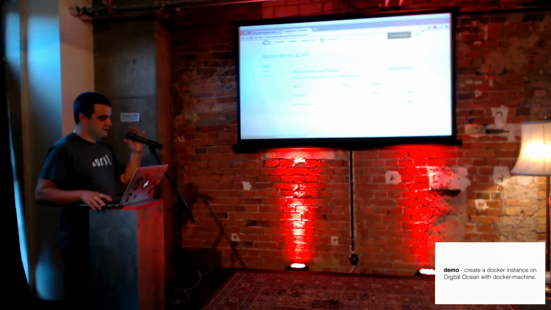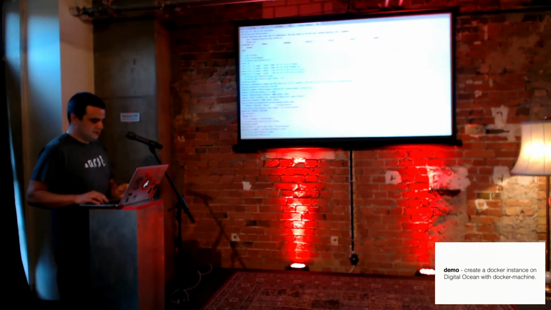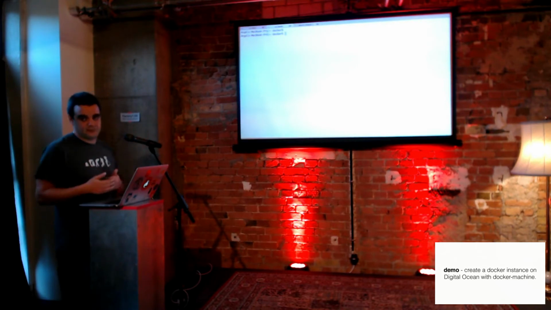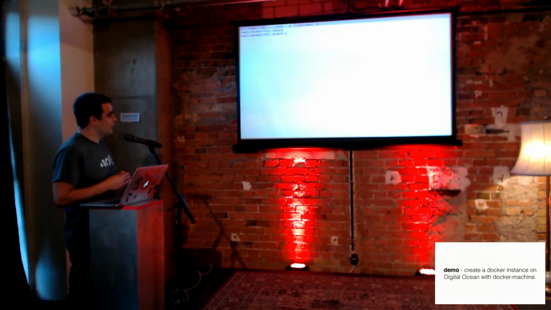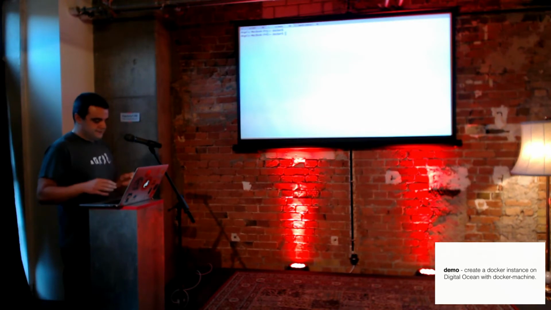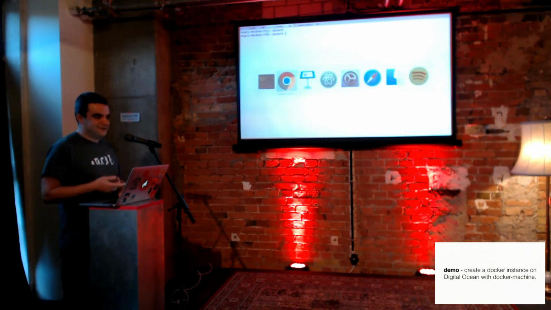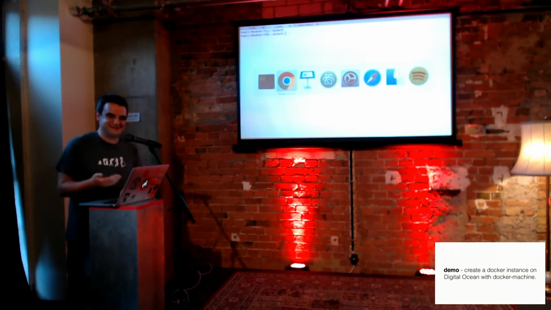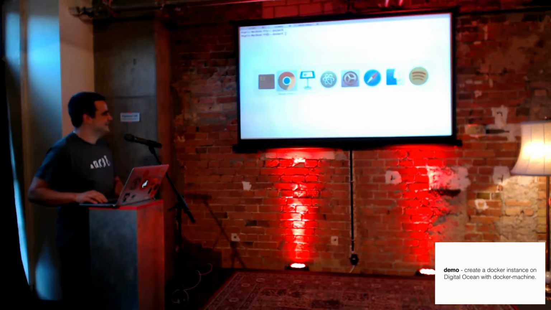Once you generate this token, the best approach is to export it as a variable. I already did that, so you don't see my token. Since this may be a live stream, nobody will create 500 instances while I'm creating one, right?